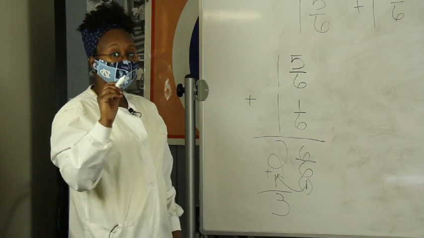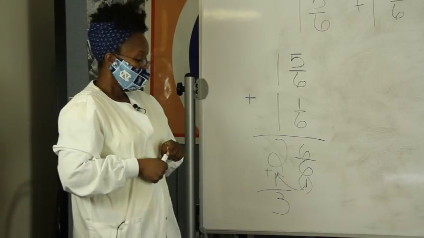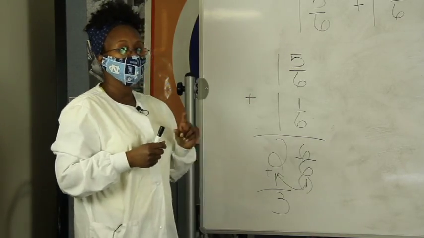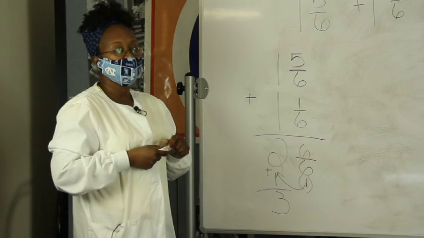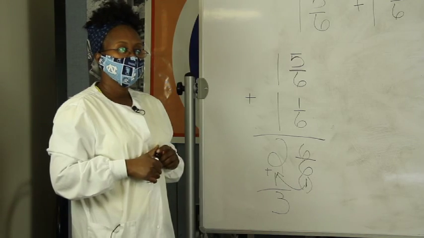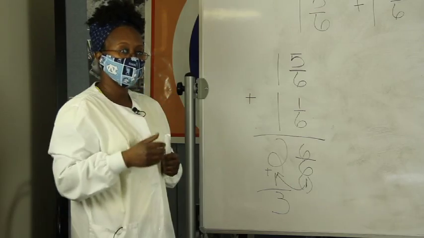Now do a few more on your own. Get some problems to work on. And as you work on problems, if they don't end up being whole numbers, just remember that you need to simplify your answers at the end. Always ask yourself, can I simplify my answer even more? Okay?